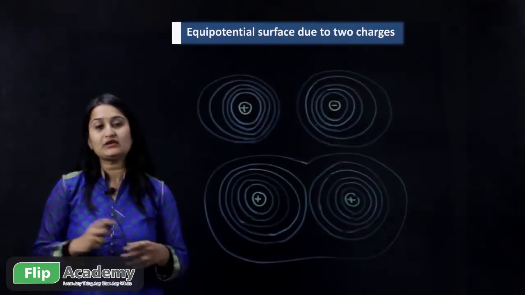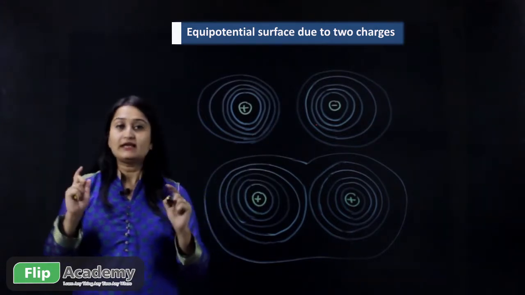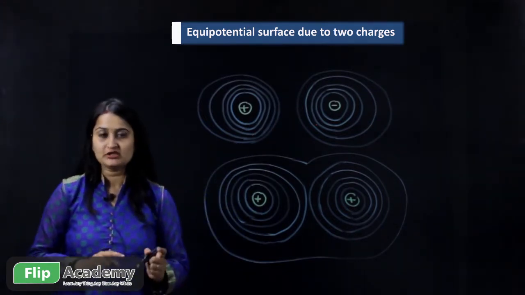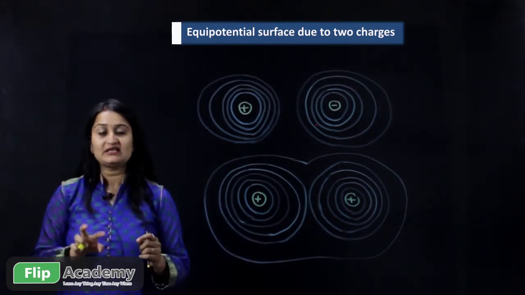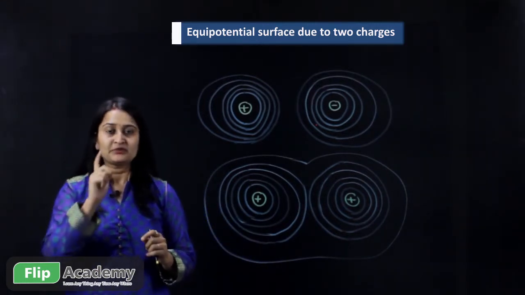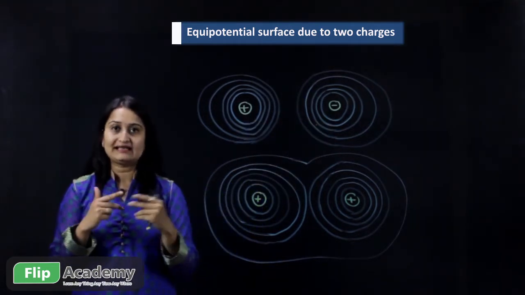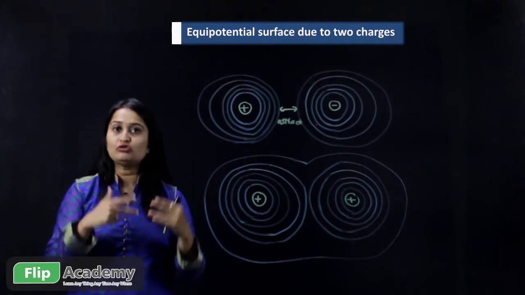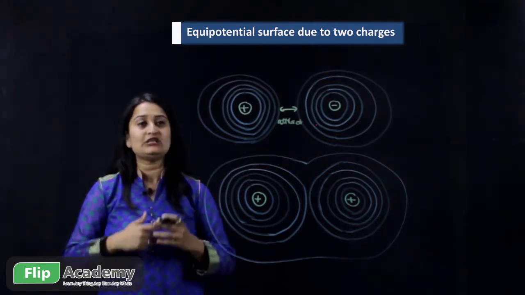Now, this is also the equipotential surface in the case of first electric dipole, having positive and negative charges. Similarly, this is the equipotential surface when the two charges are of same polarity. Now, the positive and the negative have the tendency to attract each other. In that condition, the equipotential surface has much denser lines towards each other.